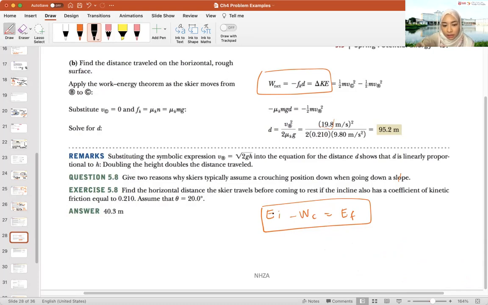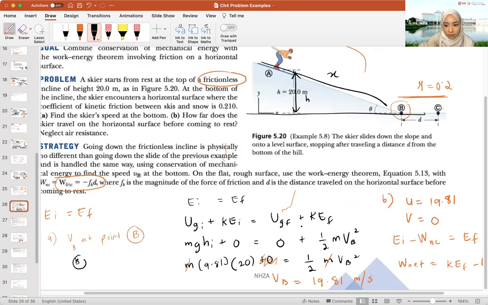So EI is KE initial, and this is my WNC. Sorry, this is WNC, I wrote it wrongly. And this is KE final. And we know that our KE final should be 0 because velocity will become zero. And KE initial is going to be 1/2 m u squared. U as in the value we got earlier.